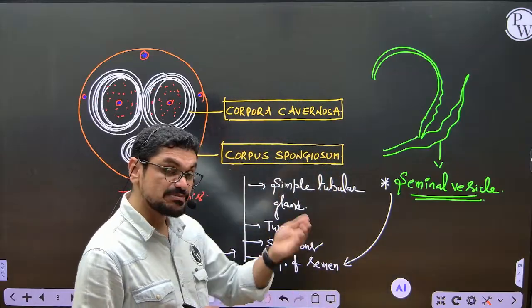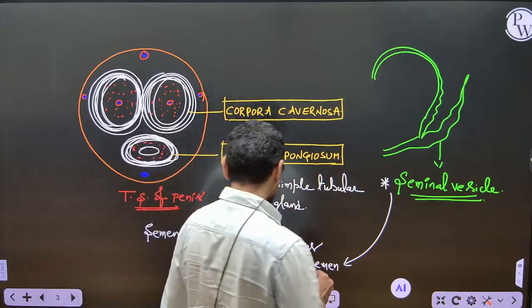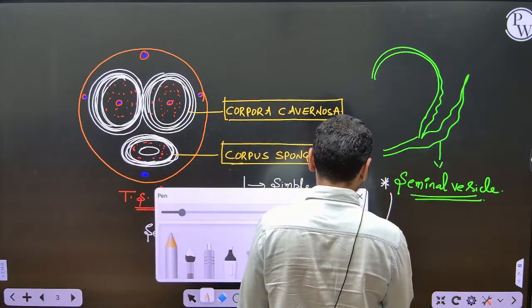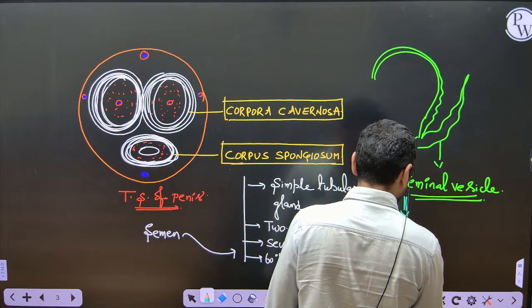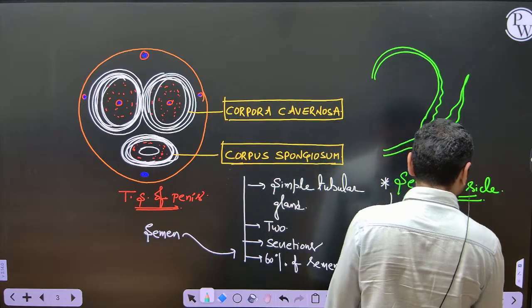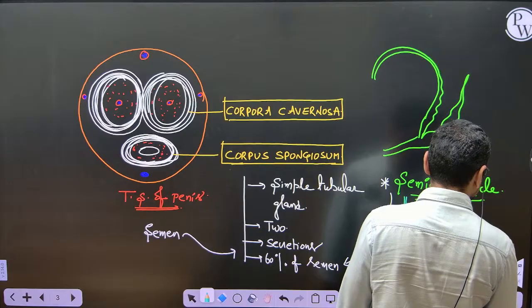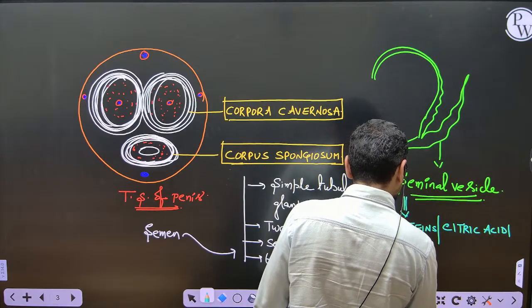Minimum 60% to maximum 70% of the semen is contributed by the seminal vesicle. What are the components present in the seminal vesicle? The secretions contain proteins, and the secretions contain even citric acid, and phosphorus is also present.